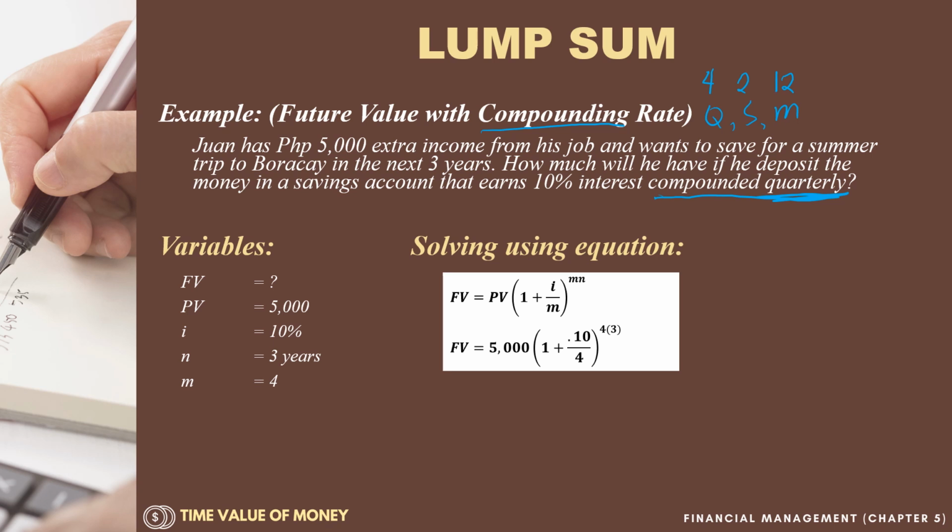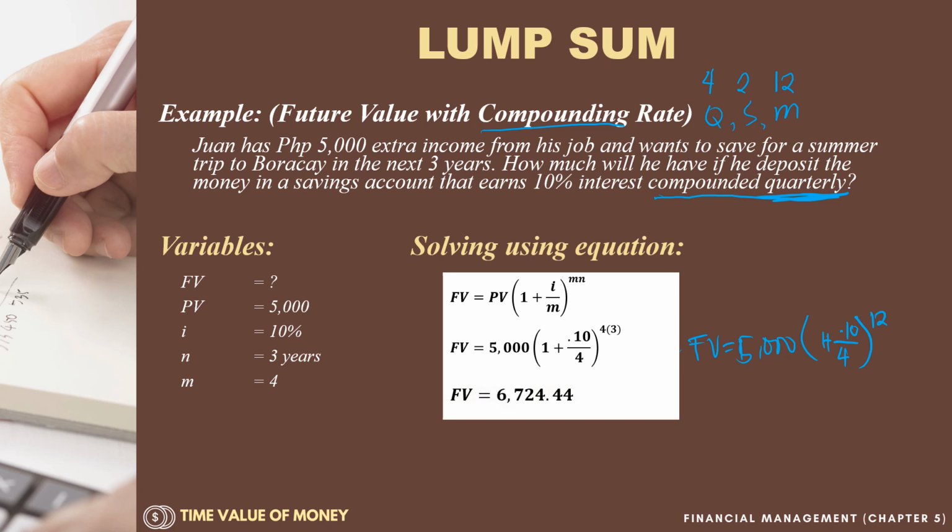So you can write here FV is equal to 5,000 times 1 plus 0.10 over 4 to the power of 12. That is 4 times 3 is equal to 12. So using your calculator, compute this formula. Now you should have the answer of 6,724.44.